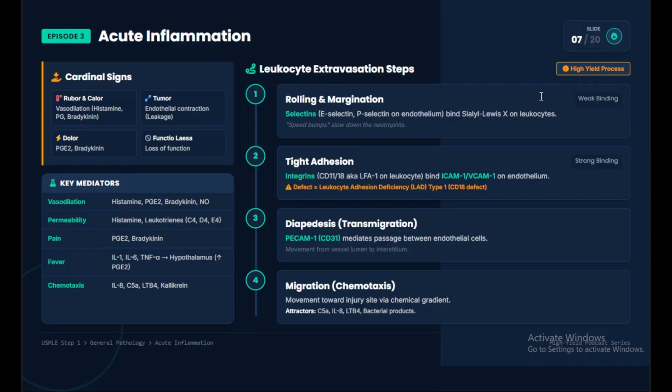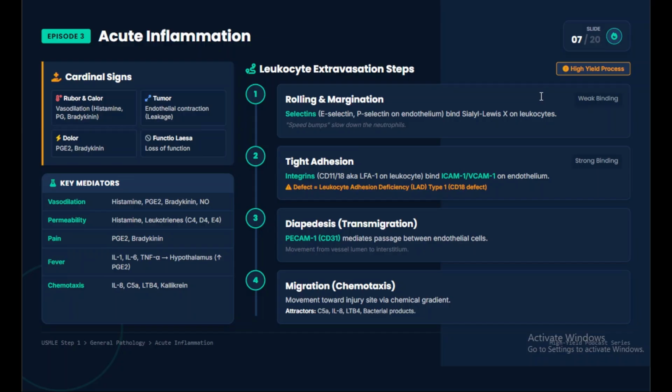There are a few cardinal signs and symptoms of acute inflammation. If I give you a quick recap, we have learned how cells adapt, and how they get injured or die. The next step, right after the injury and death of the cell via necrosis, is inflammation.